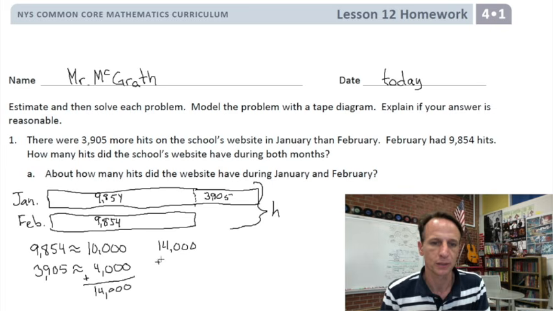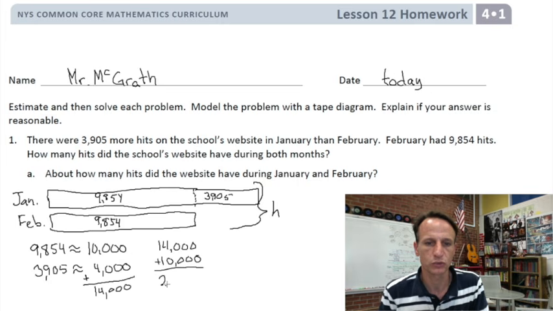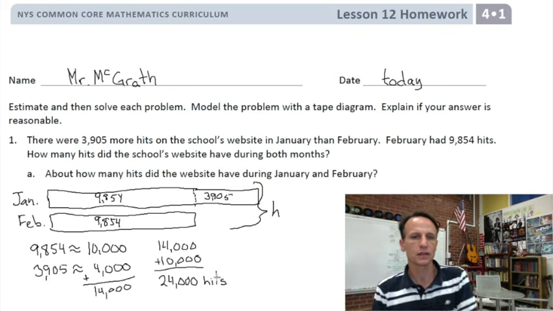And then how much is February? You got it. You see that rounded off to 10,000. So our estimate for the 2 months is 24,000 hits. Okay, so there we go.